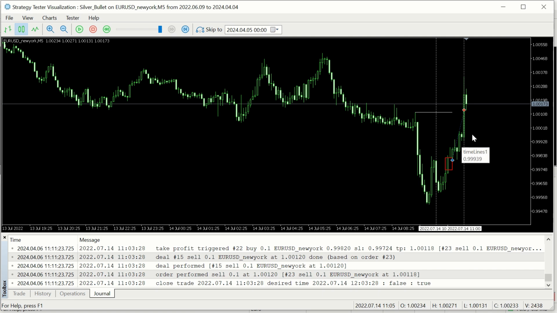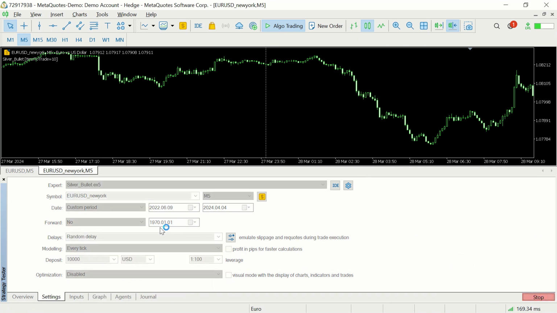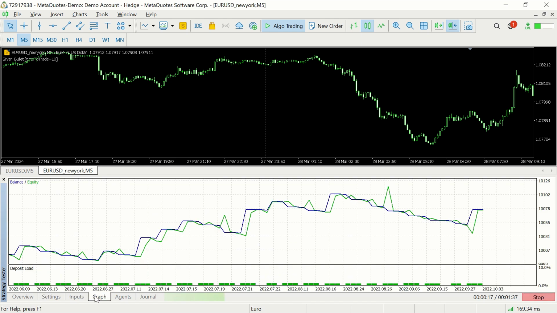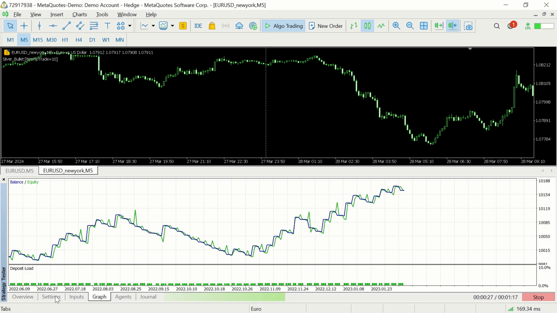Now let us see the results of this EA. And this is a test between 2002, the 6th month, to April this year. So these are the trades that are being taken. And we are on the EURUSD.